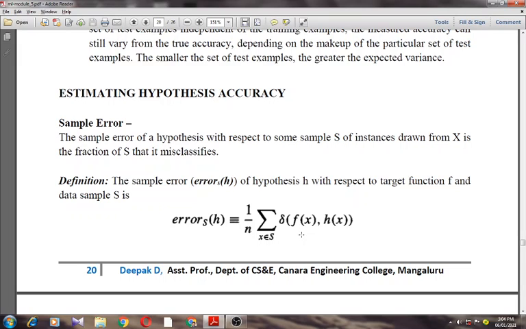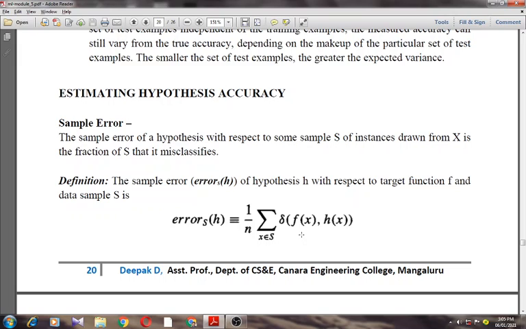So, throughout this module, we will consider the following setting for the learning problem: there is some space of possible instances X over which various target functions may be defined. Here we assume that different instances in capital X may be encountered with different frequencies. A convenient way to model this is to assume there is some unknown probability distribution capital D that defines the probability of encountering each instance in capital X.